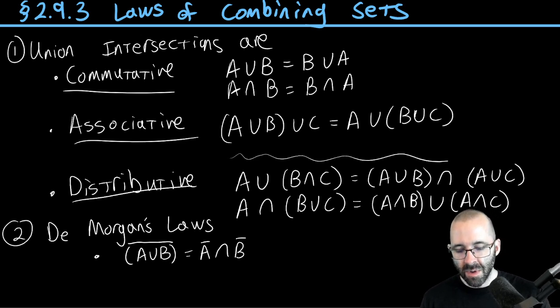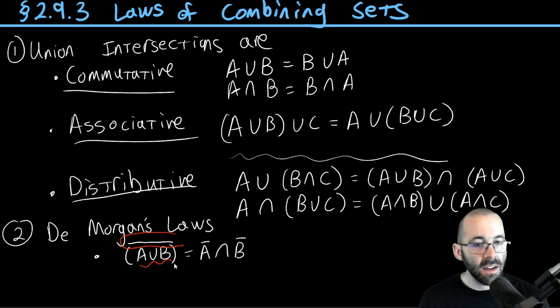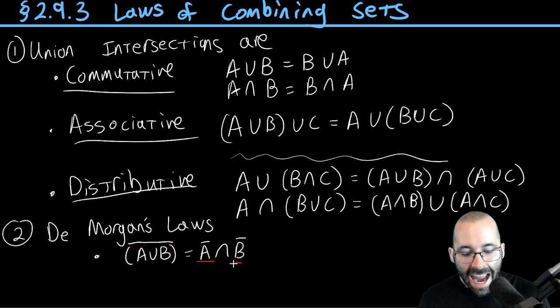So what this really means, right, is not A or B means not A and not B. Okay, which makes a little bit more sense, right? If you're not a vegetable or a fruit, then you are not a vegetable and you are not a fruit.